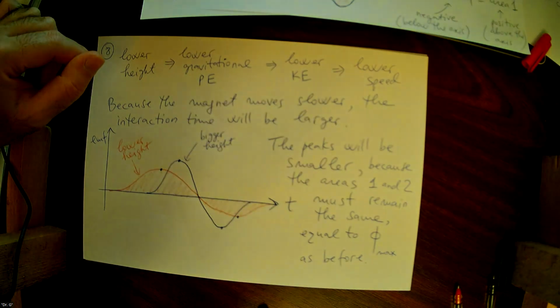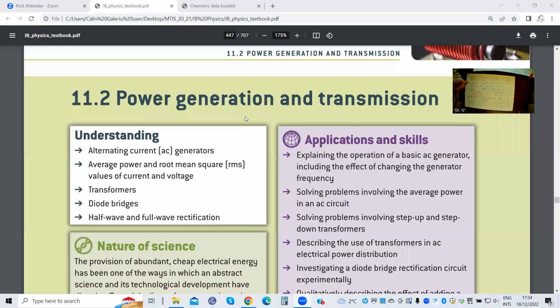Now we are ready to look at the third situation, in which the angle changes. Okay, and this is part of chapter 11, section 2, power generation and transmission.